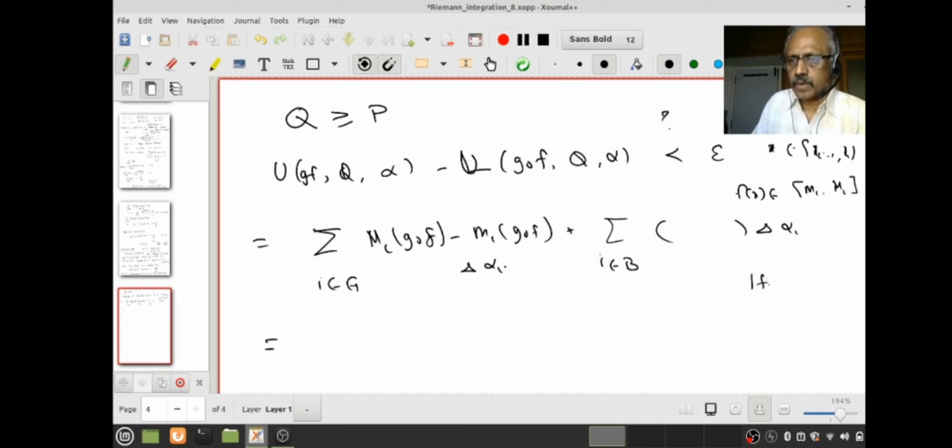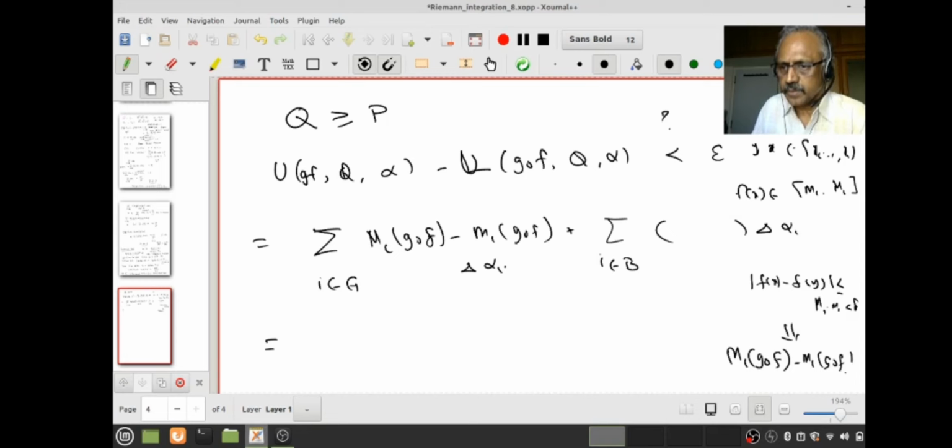Therefore, supposing y is also here, mod f(x) minus f(y) will be less than or equal to capital Mi minus small mi, which is less than delta. You understand that? From this it follows that capital M of G composed F minus small mi of G composed F will be less than delta, and so less than epsilon.